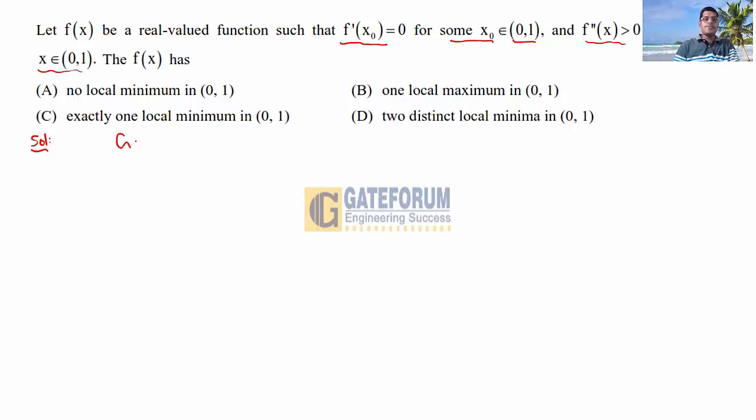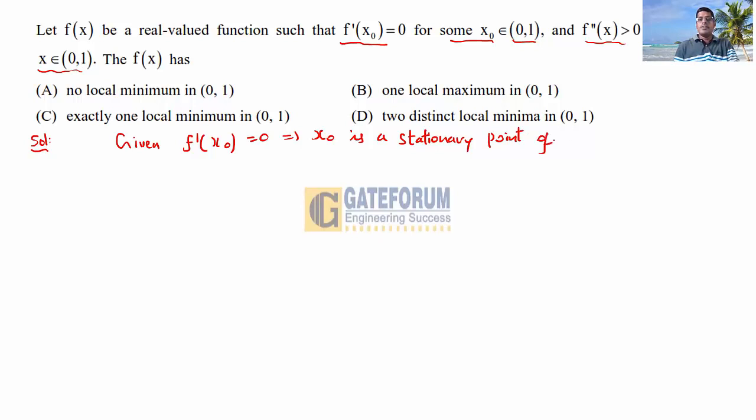So given f dash x naught is equal to 0 implies x naught is a stationary point of the function f of x, and also given this x naught lies between 0 and 1, that is x naught belongs to 0 comma 1 open interval.